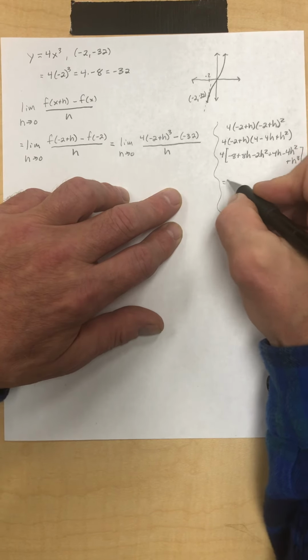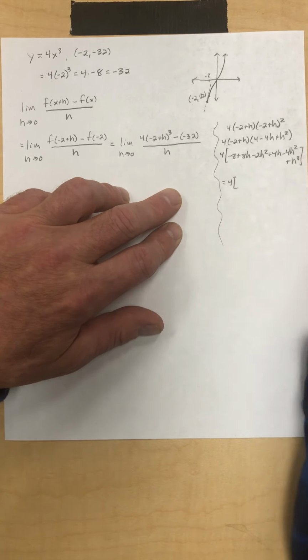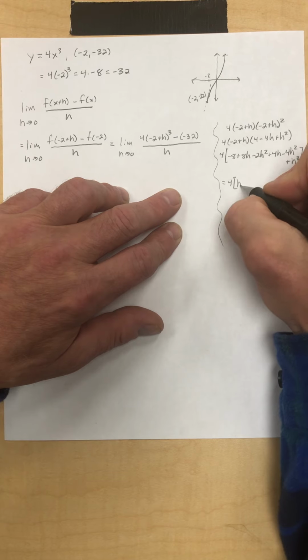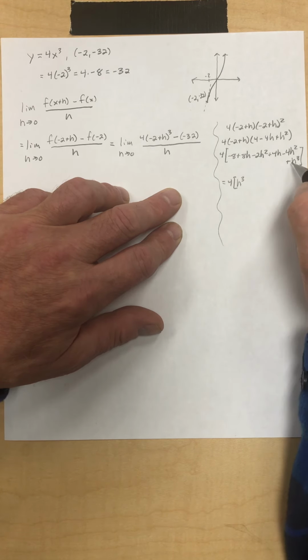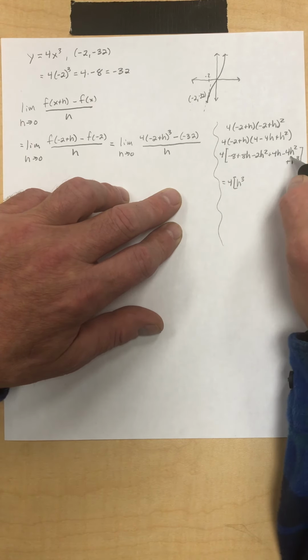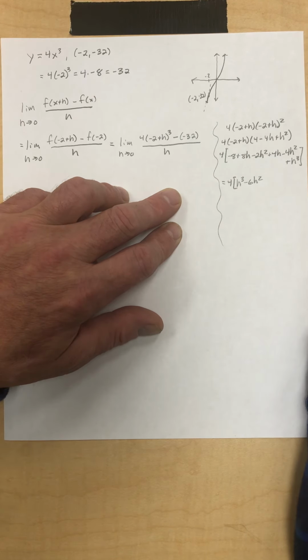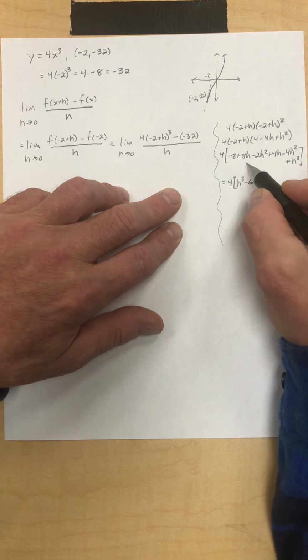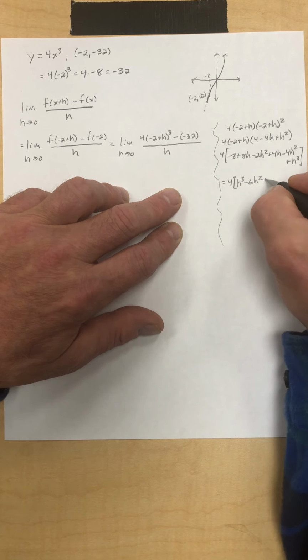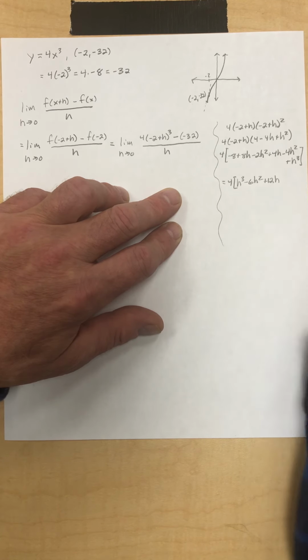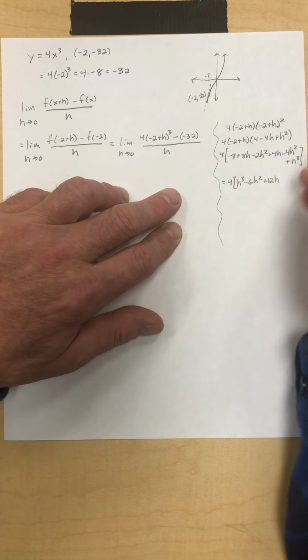Now I'm going to simplify. I have an h cubed, I have a -2h squared and a -4h squared, so a -6h squared. I'm going to have an 8h and a 4h, so that's plus 12h, and then I have a -8.